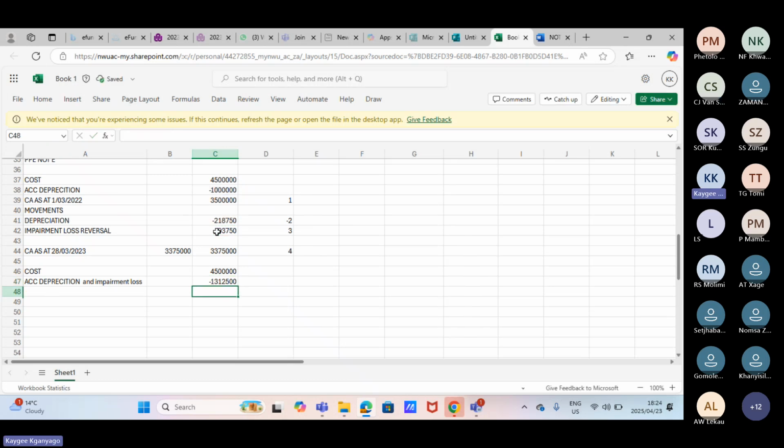Is it the same? And again, I know this one here, it has to be this, minus or plus. It has to be this plus this. Is this amount correct?